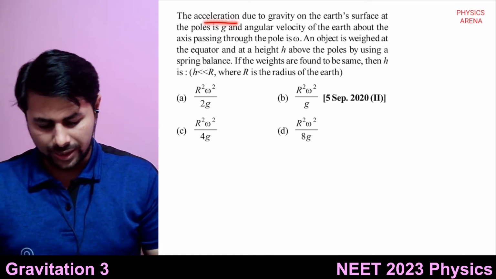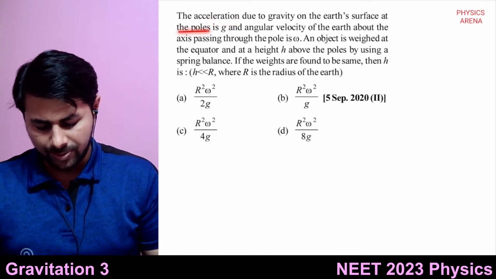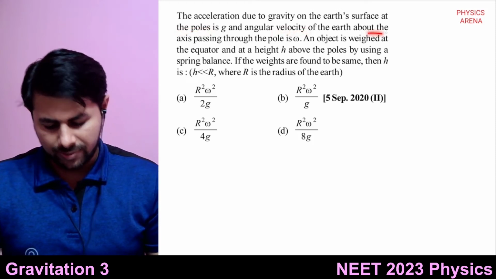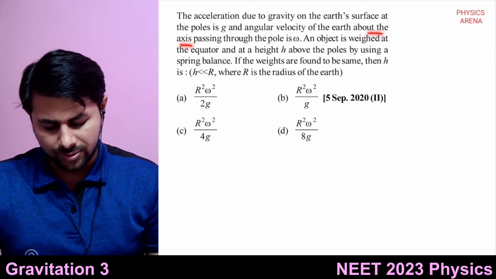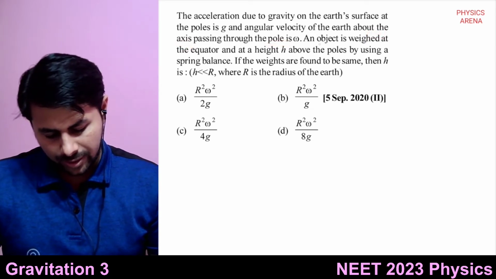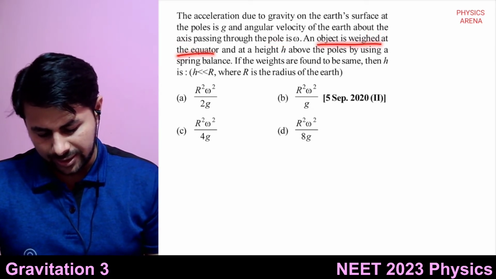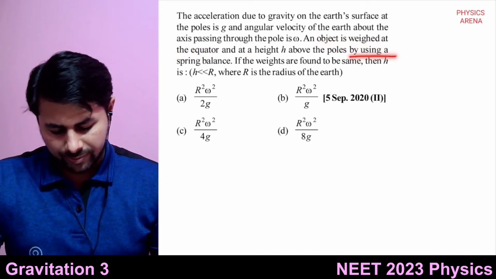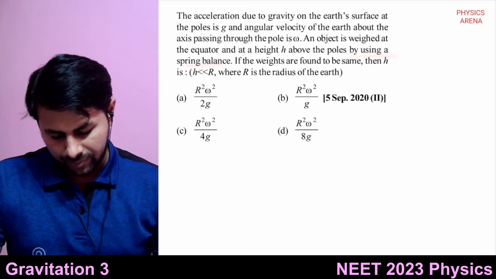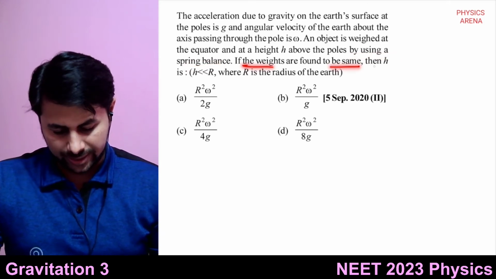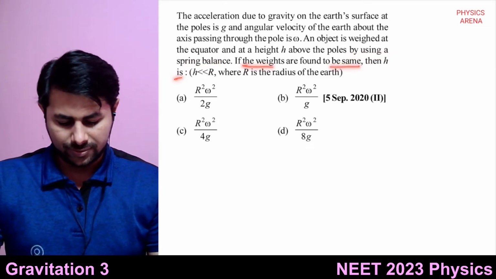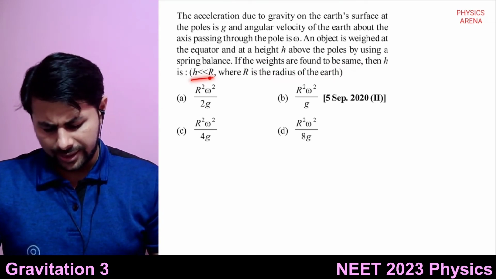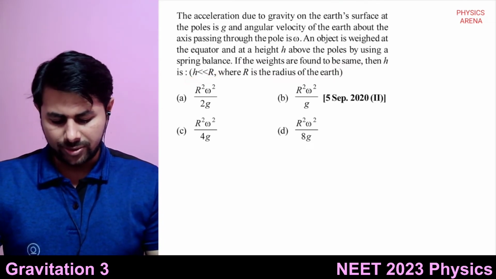Next question. The acceleration due to gravity on Earth's surface at the poles is g, and the angular velocity of the Earth about the axis passing through the poles is omega. An object is weighed at the equator and at height h above the poles using a spring balance. If the weights are found to be the same, then h is? They are giving that h is very small compared to r.